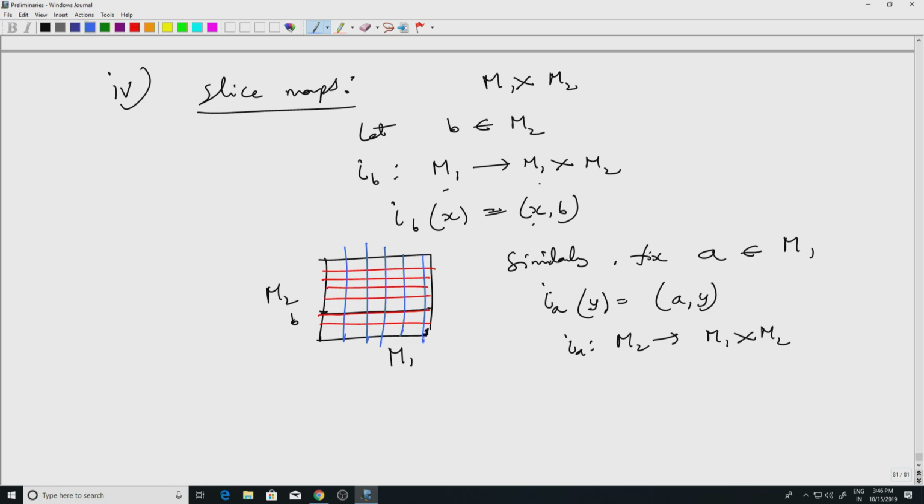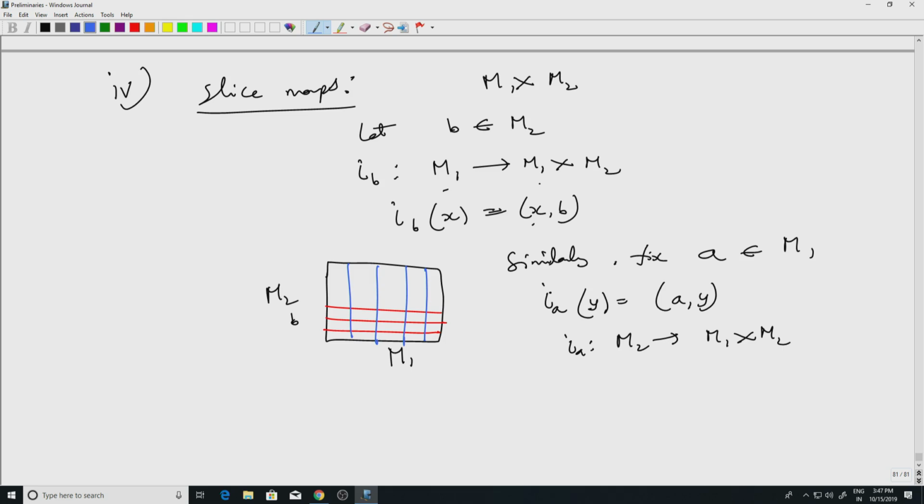Of course, the picture should not exceed. So these are the horizontal slices, and vertical slices will be like this. All you're doing is just putting M2 at different locations.